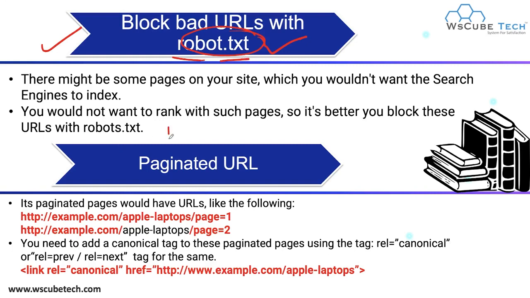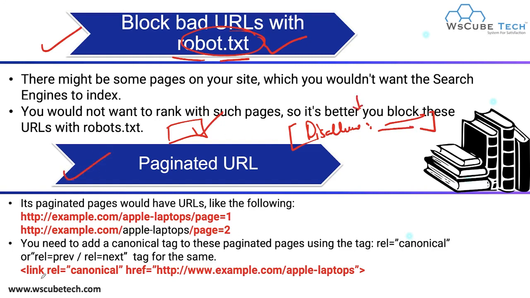You simply copy that URL and mention it in your robots.txt file with the structure disallow, followed by that particular URL. By doing this, you can instruct your search engine crawler that you don't need to index this particular URL.